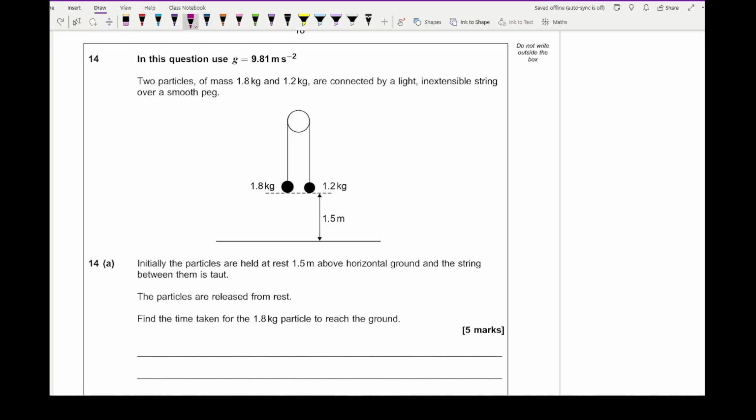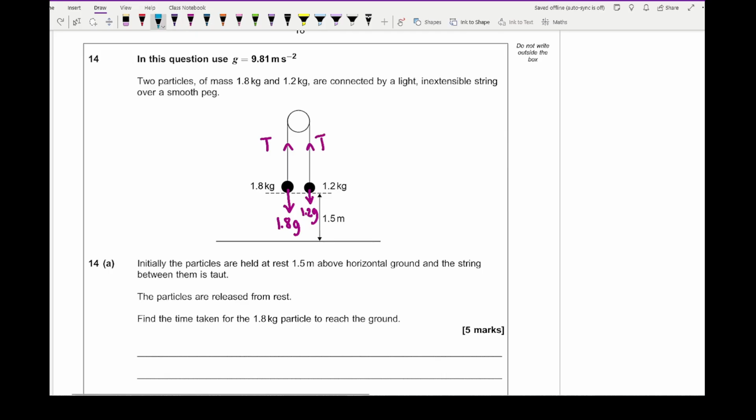So if you consider what's happening in their diagram, we have the 1.8 kilograms, so 1.8 g force acting downwards, and tension in this string acting upwards. And the same on the other side, we've got 1.2 times by g acts as a force acting downwards and tension acting upwards.